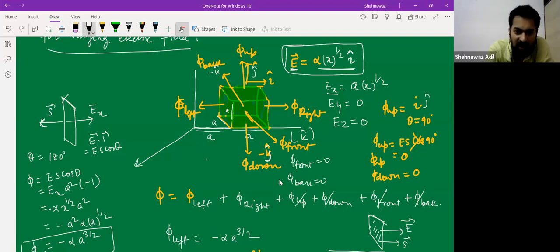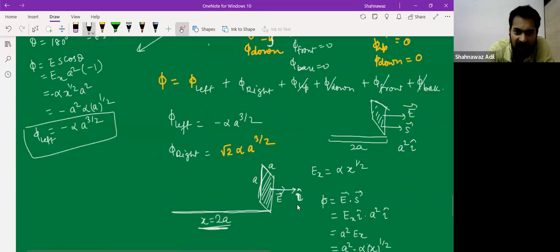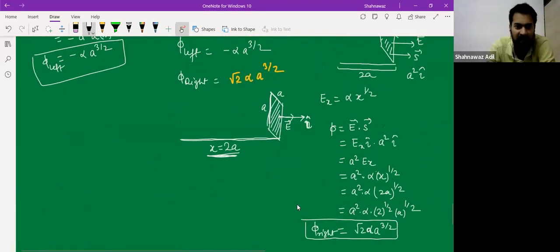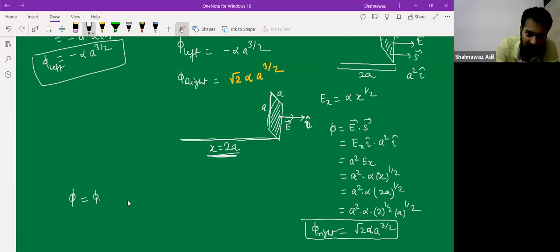Okay. So now you are only left with phi left and phi right. You already calculated phi left and phi right. So your total flux would be phi left plus phi right only. So this would be minus alpha A 3 by 2 plus root 2 alpha A 3 by 2.